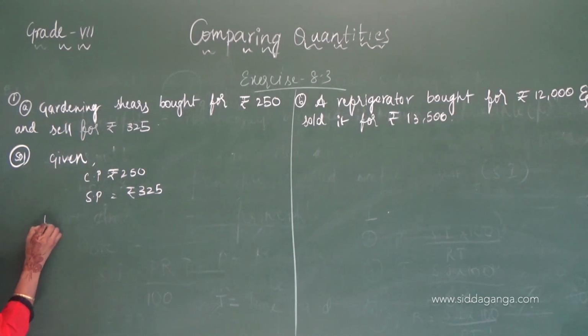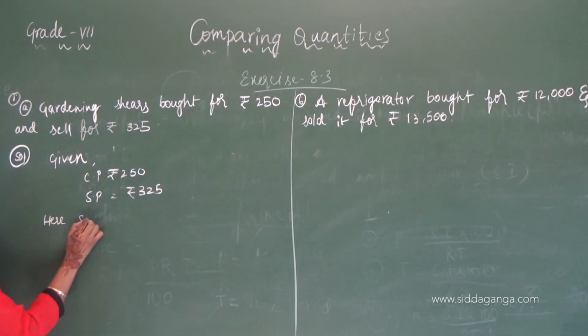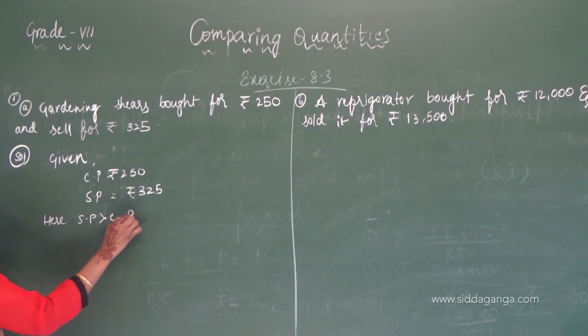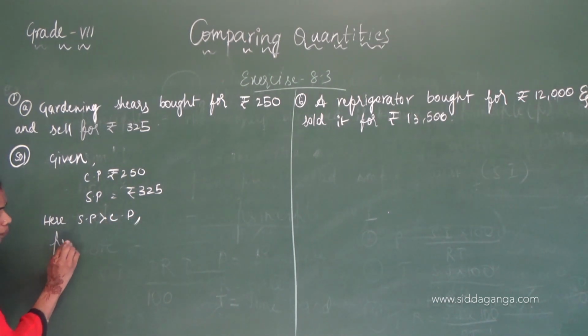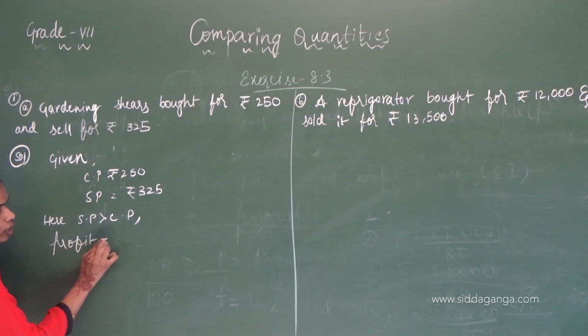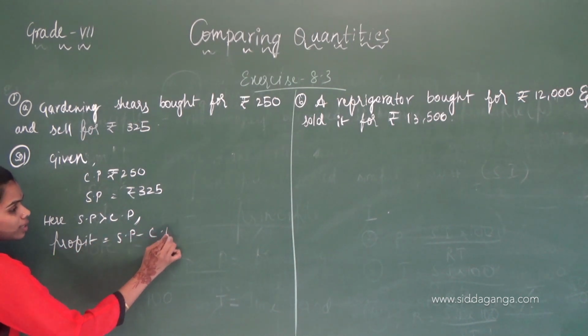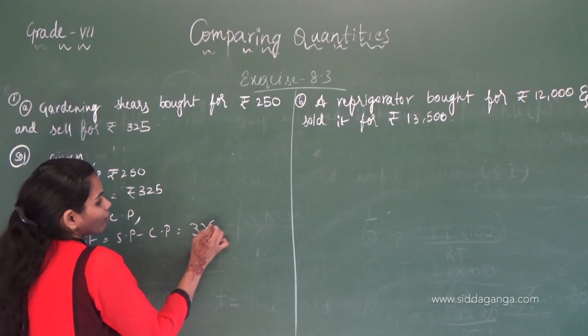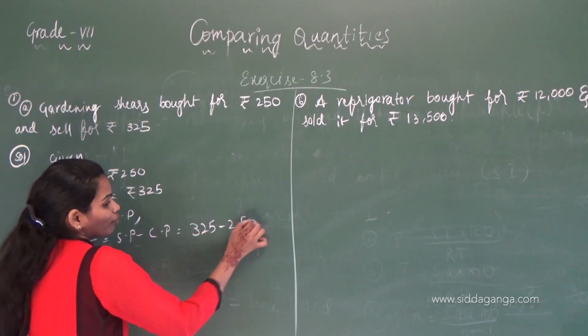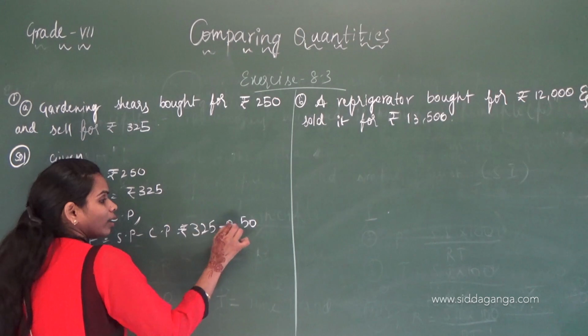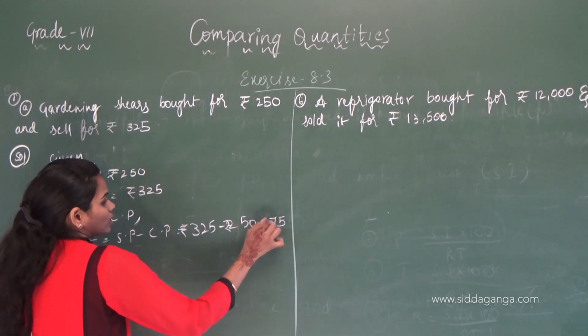Here SP is greater than CP. If SP is greater than CP, we will get profit. Profit is equal to SP minus CP. What is SP? 325 minus 250. What is the profit? 75 rupees.